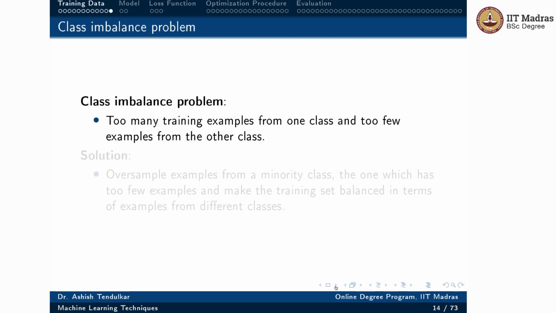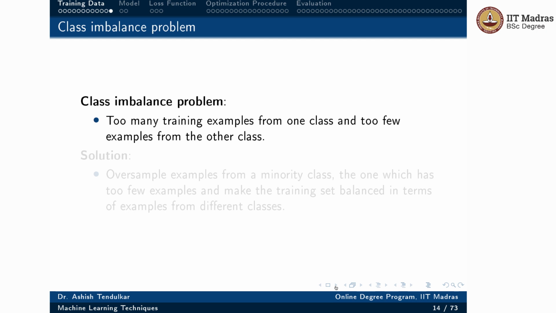When this happens, typically the classification algorithm tends to predict all the examples into the majority class, right? The majority class is the one which has too many training examples, and the minority class is not getting learned correctly, which is not a desirable situation.